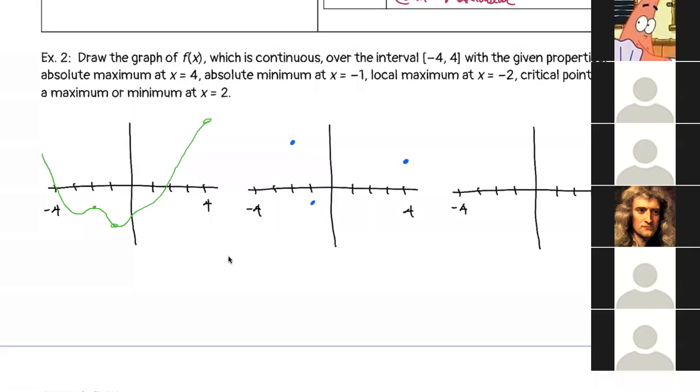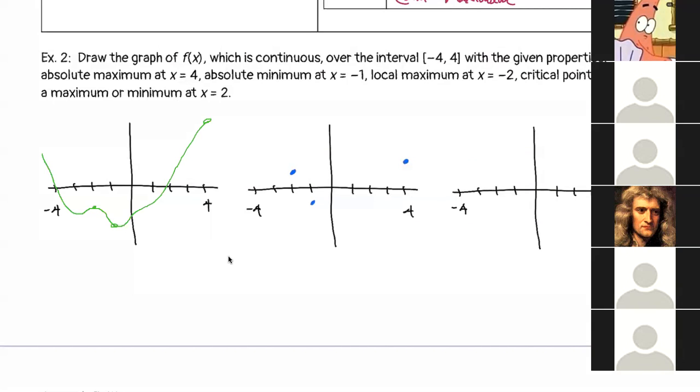No, because it's higher than your x value, or x equals 4 point. Yeah, exactly. This point is higher than that point, and that can't be true if it's only a local maximum. Okay, so once I sort of establish the local max and min, I might need to be really thoughtful about where I put my other points. Okay.